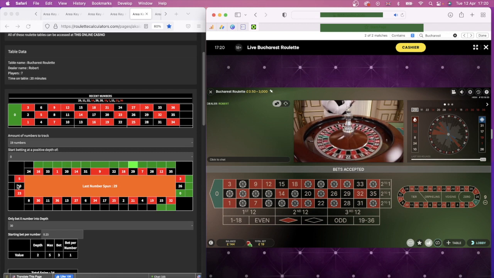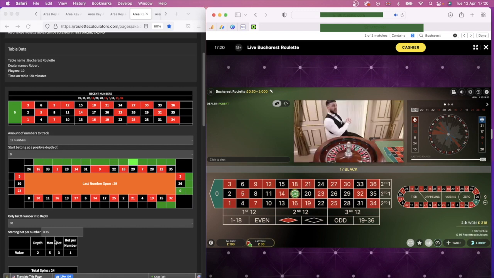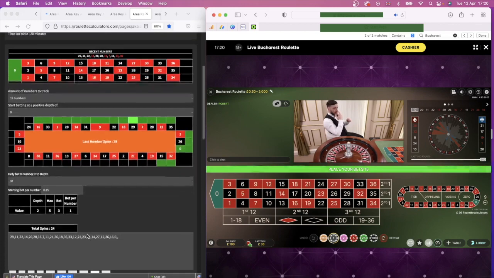Perfect. Number 17. So that's given us a win. So now we're at a depth of 3. So now I'll stop doing the bet again because this is where it's a bit hit or miss on a depth of 3.